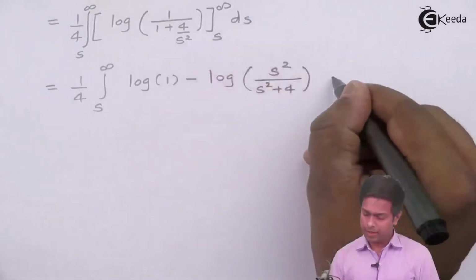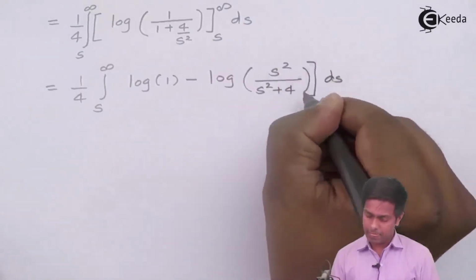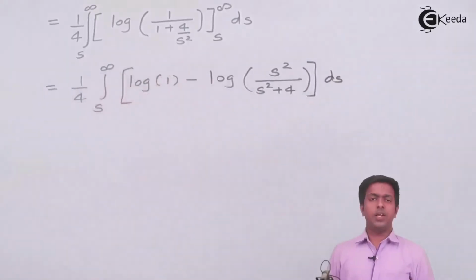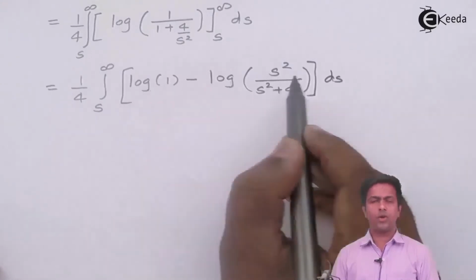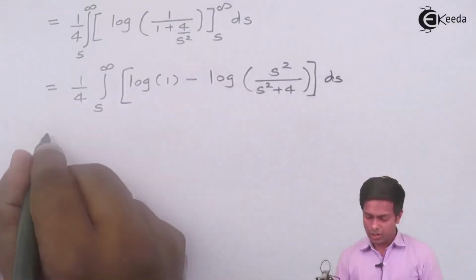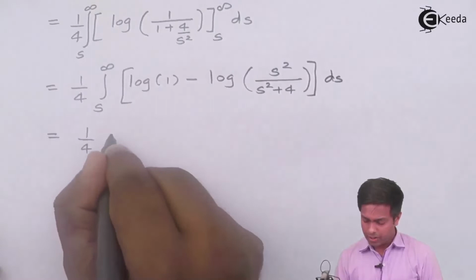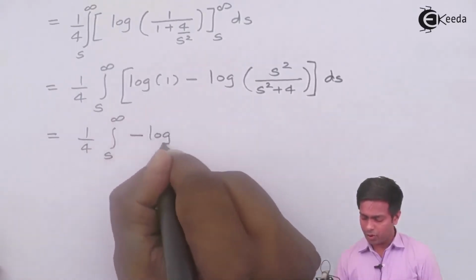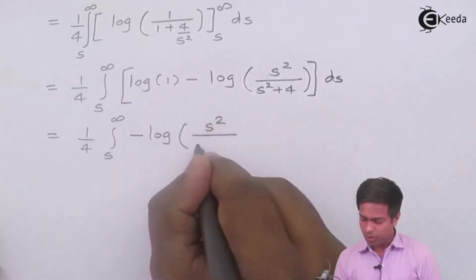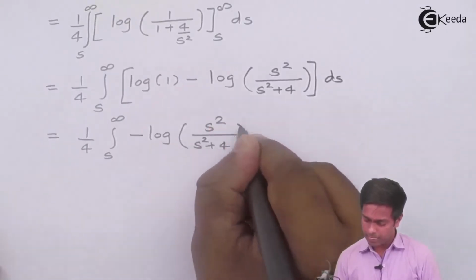And here ds as it is. Now guys, the value of log of 1 is 0. So 0 minus log is negative log. So here we will get 1 by 4 integration from s to infinity negative log of s square upon s square plus 4.